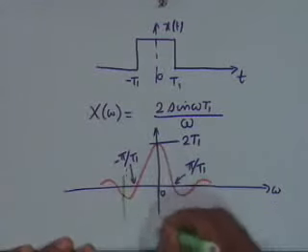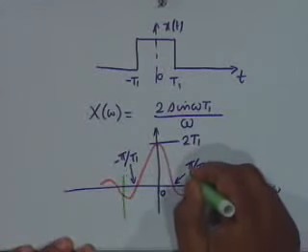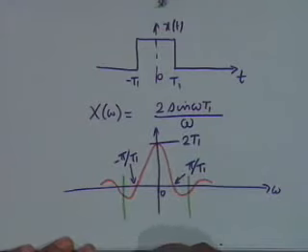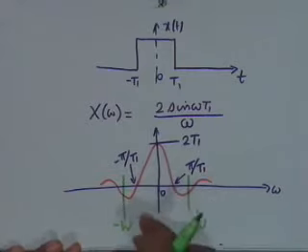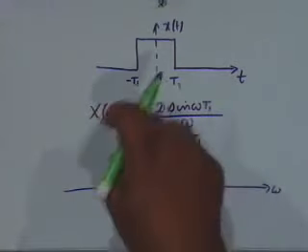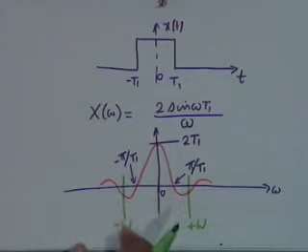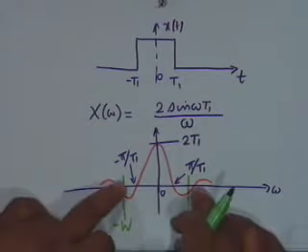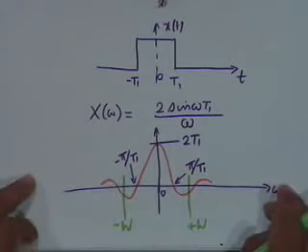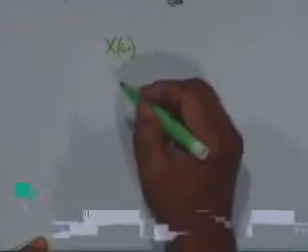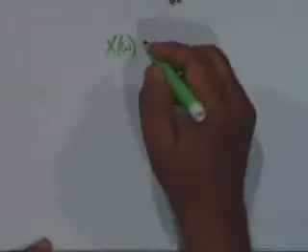What we say is, let's take only a certain finite range of the spectrum. Let's say we truncate at minus W and plus W. This is symmetrical. So we take capital X of omega between minus W and plus W and make the rest of it 0. Which means that the given spectrum capital X of omega, we are not taking from minus infinity to plus infinity.